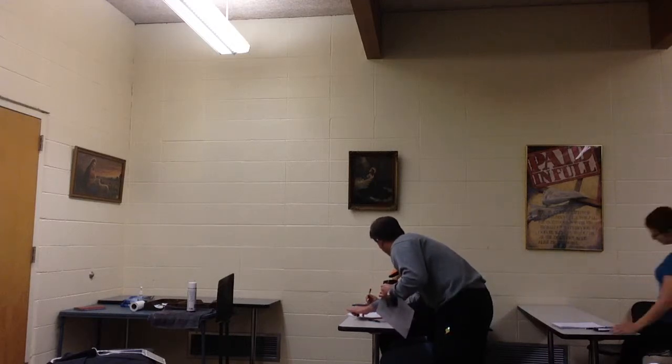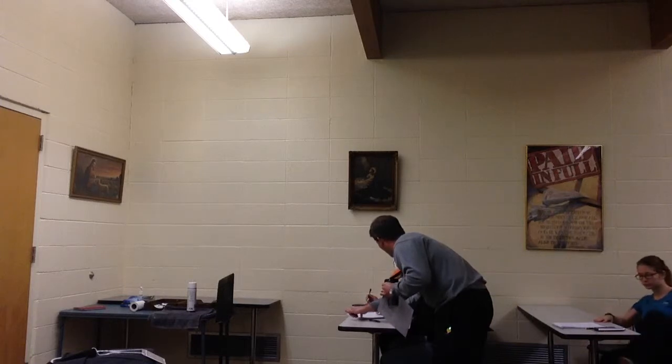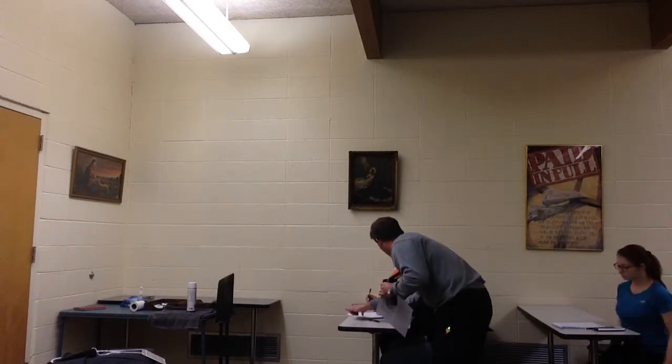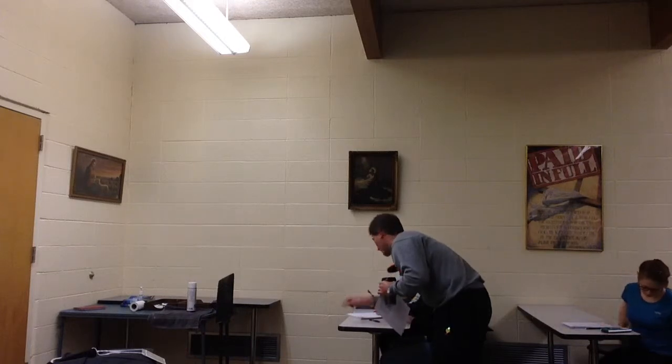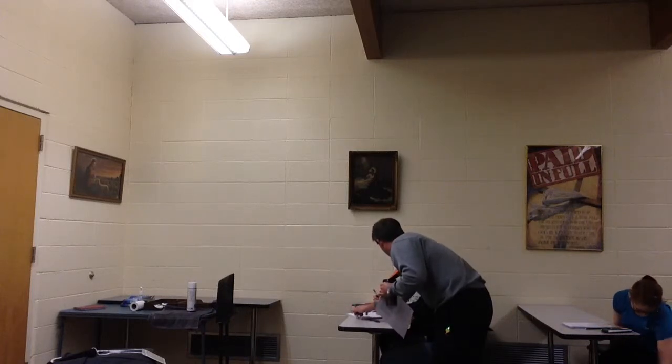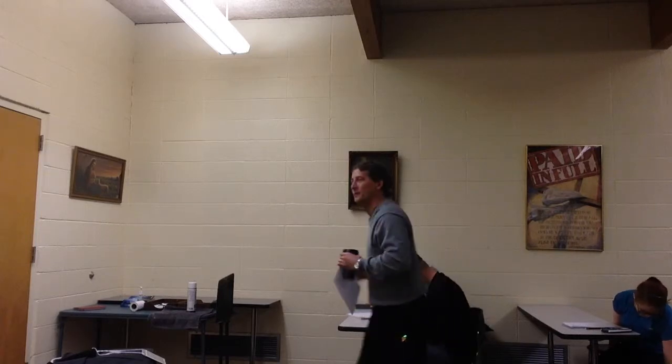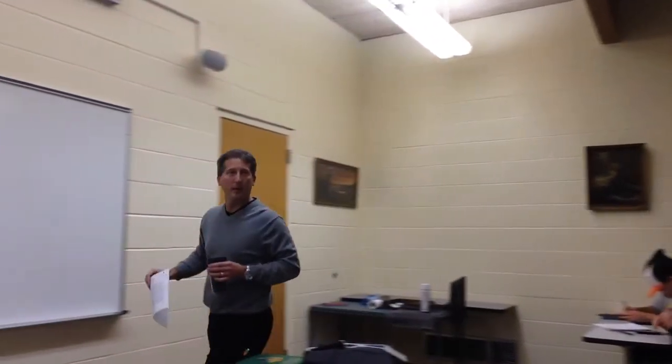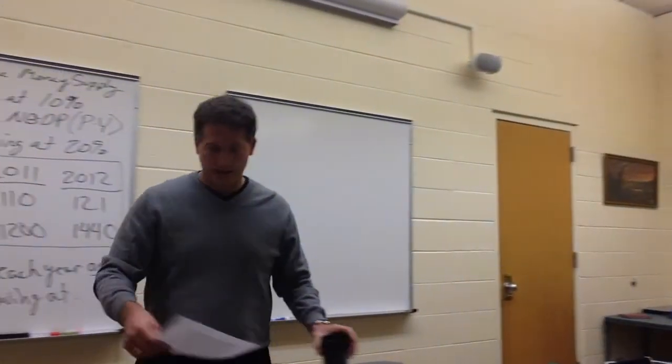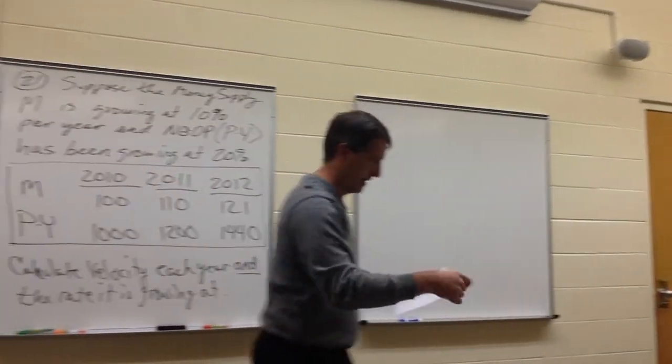We already knew that this was 10%. That was given in the problem. But you're right, that's how we did it. 110 minus 100 divided by 100 would be 10%. So I asked for the rate of change of velocity. So 10.9 minus 10 divided by 10. Looks like you guys are on the right track.